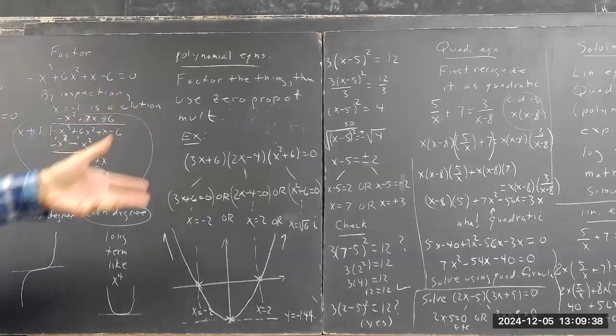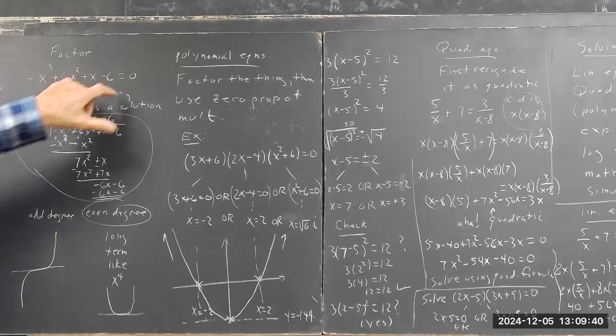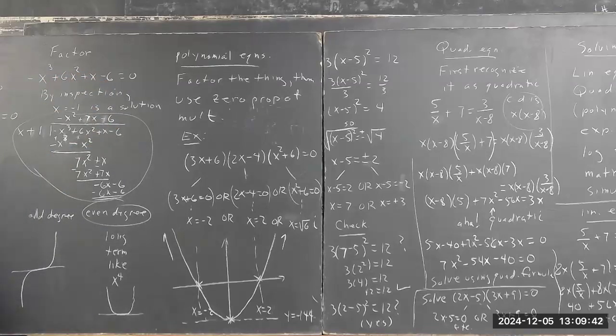It's unlikely anything I make up randomly would factor, but the way this is structured, it needs to factor. I'm going to bring this negative sign out here. We get x squared minus 7x plus 6. In other words, I multiply the whole thing by -1 and put my negative sign out.